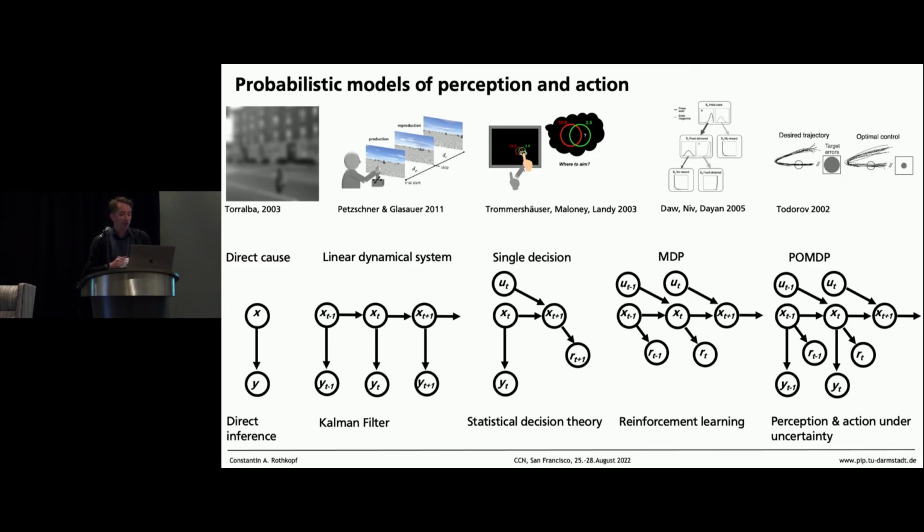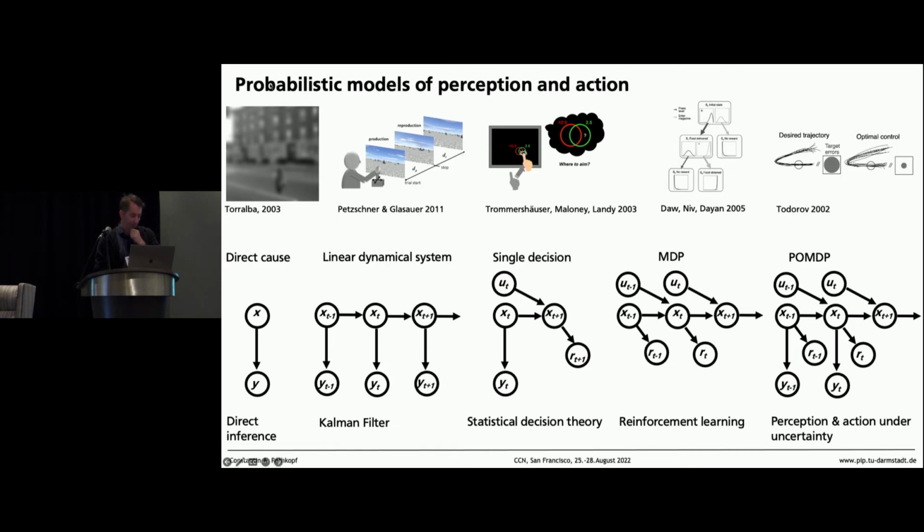And what's a little bit unfortunate is that these circles and arrows hide the complexities of these models, the really intricate relationship between variables that come about. Let me give you maybe one example here.